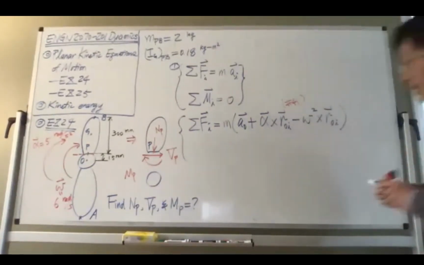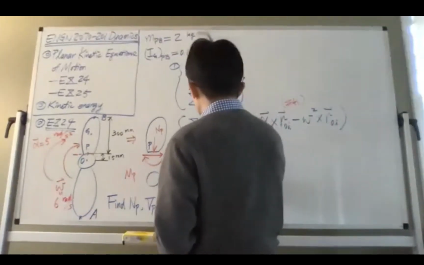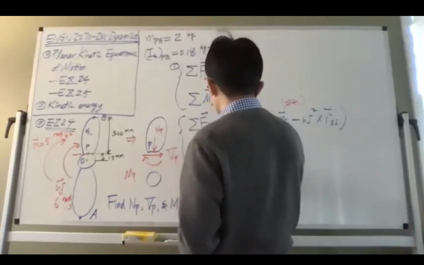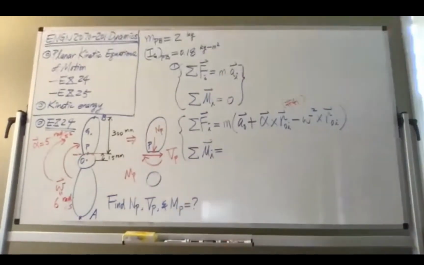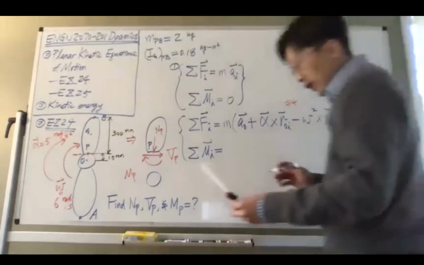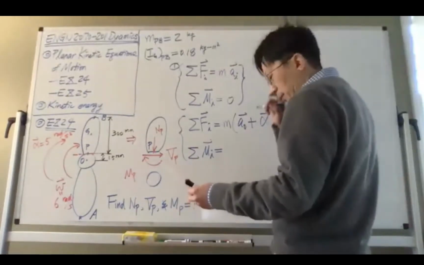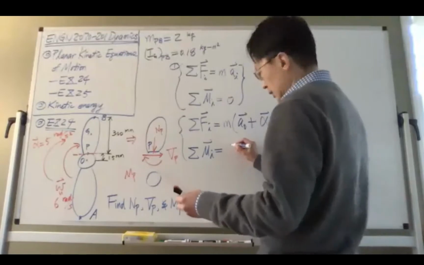Okay. And then as for the moment part, summation of the moment equals to what? Equals to this. And this part is on my notes, page 47. Of course, the formulation I have on page 47 is only true in that configuration. So I'm just going to copy this configuration here.